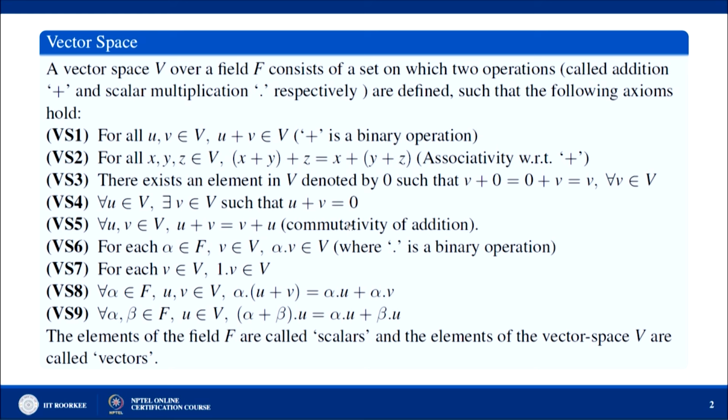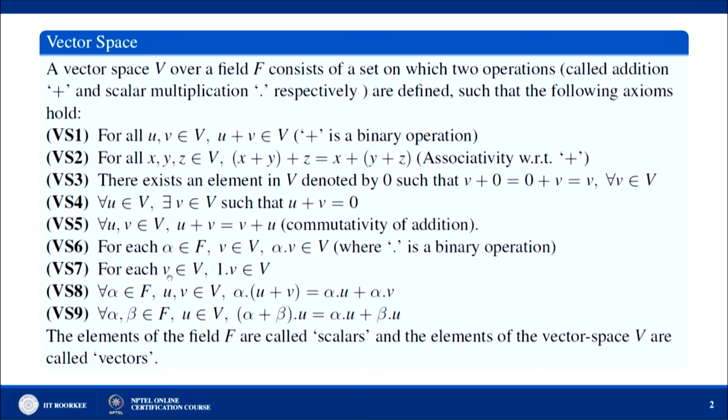Now, with respect to dot, for each alpha belonging to the field and v belonging to V, alpha dot v also belongs to V. That means dot is a binary operation, but this binary operation is defined between one element from the field and the other from the vector space.